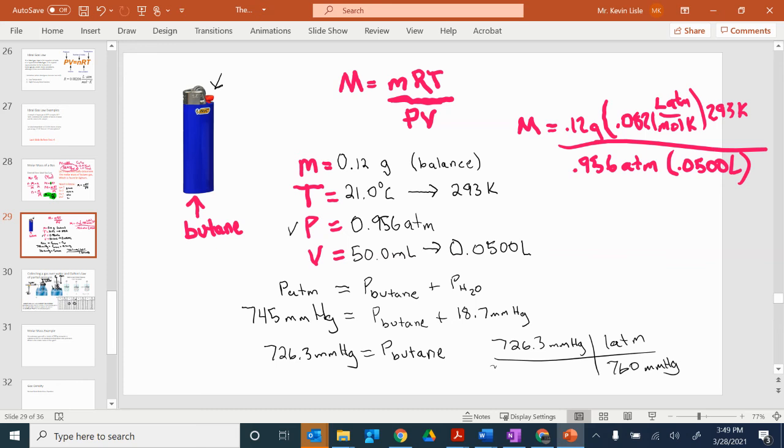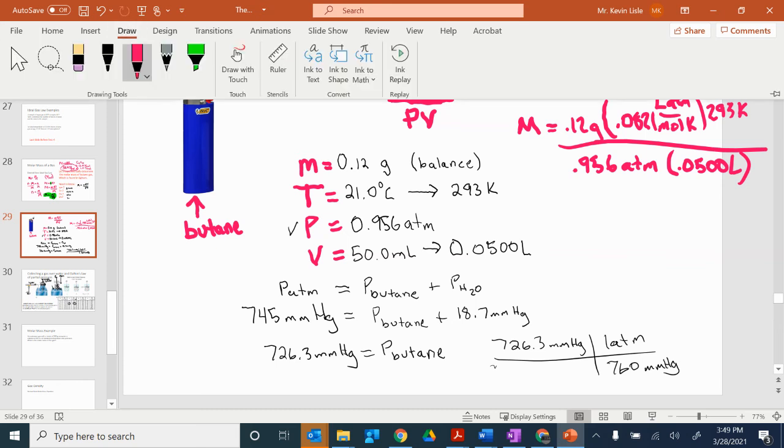I want to show you something with units before we do the calculation.